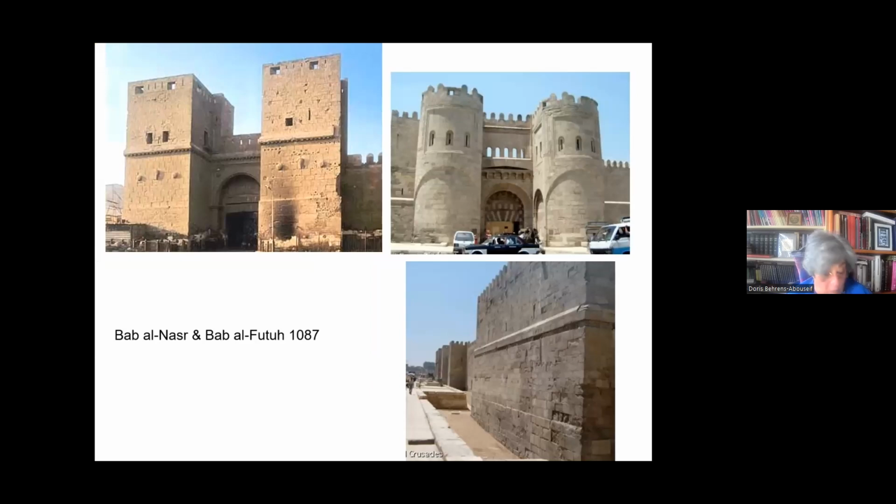Another type of continuity and reuse, but very different and purely utilitarian, was using building material from ancient Egyptian temples for building construction. We know that the Fatimid walls and gates were built with stones that were taken from ancient Egyptian temples.